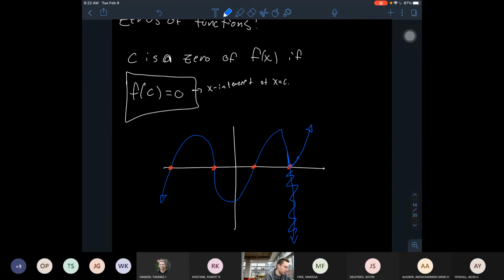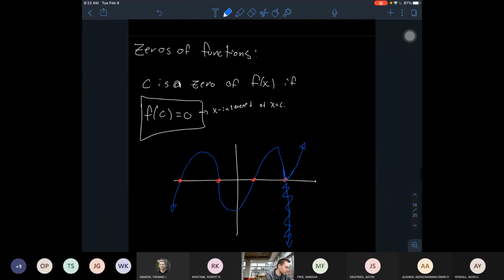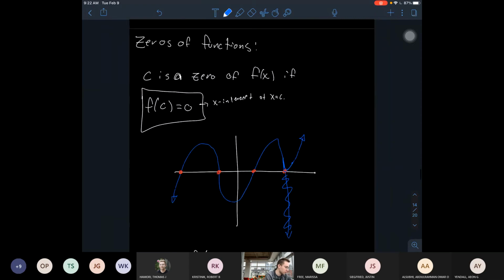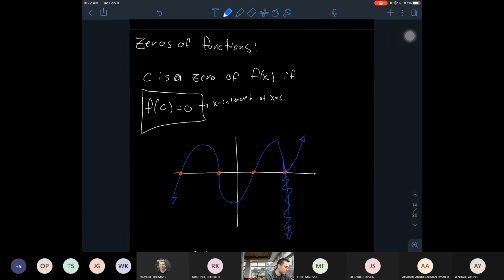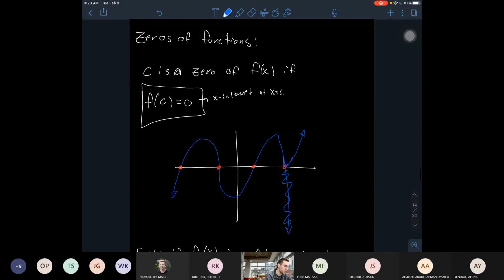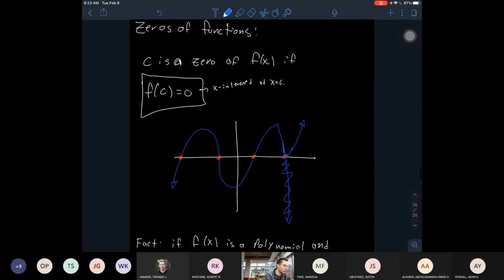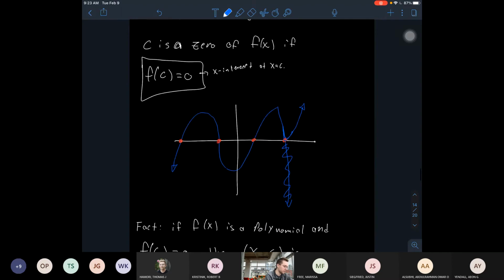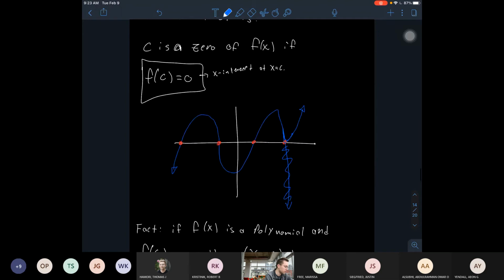That would be a more complete picture. But a zero is just an x value at which our function touches the x-axis, either by passing through or by bouncing off.